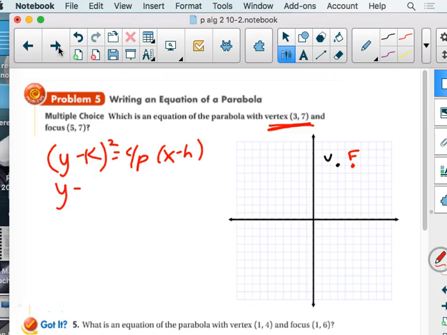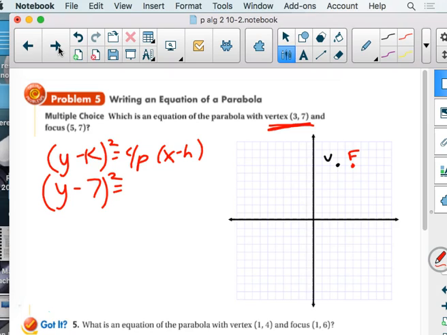It's not the 3. It has to be the 7. And that's because we have to watch out for h and k to go with x and y. All right, so we've got y minus 7 squared equals, well, I think we know what p is.